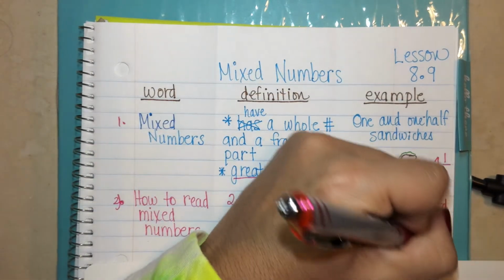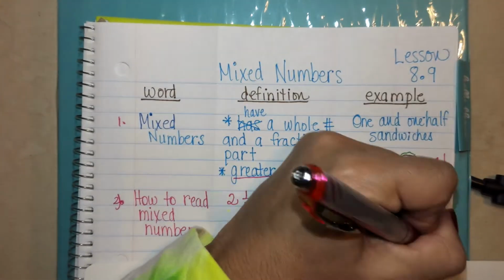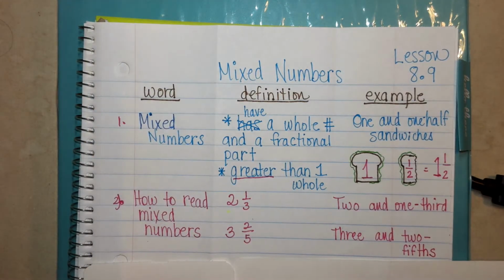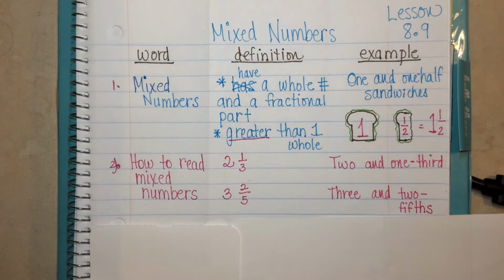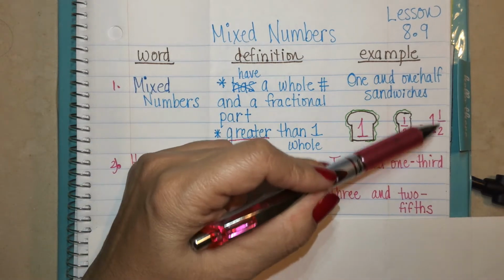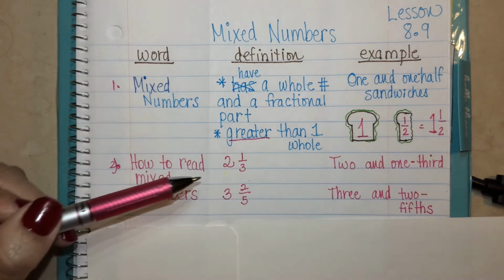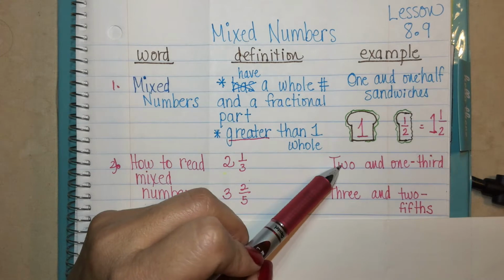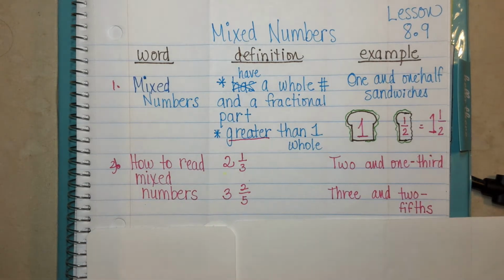Got fifth, and you got TH at the end. 3 and 2/5. So now you're starting to see what mixed numbers are. They've got a whole number, they've got a fraction. Here's some more examples, and this is how to pronounce them, or read them, or say them. Let's move on.